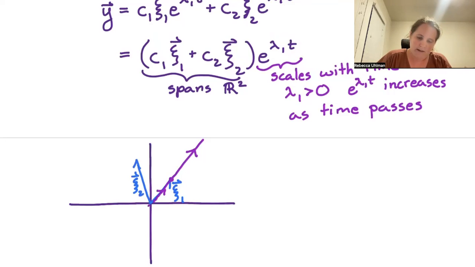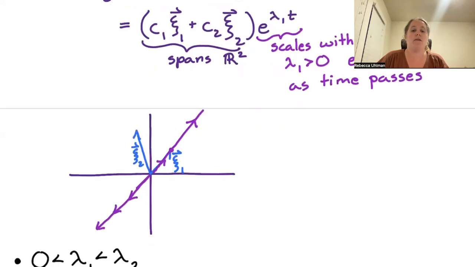Similarly, if we had a negative in front of Xi1, we would just be flipped and work our way out. We're just following along the line that goes through the origin, travels along the vector Xi1, working our way out from the origin, since as time passes, the scalar gets larger.